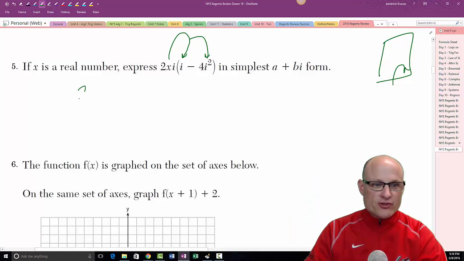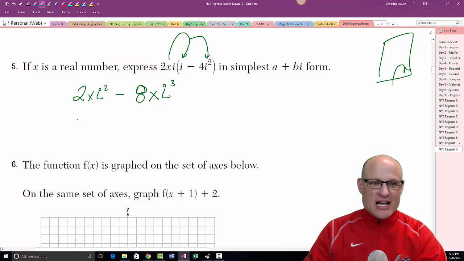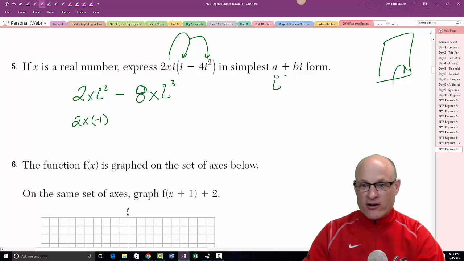All right, we're going to distribute. So you get 2xi squared minus 8xi cubed. And now I'm not going to waste your time. i squared is -1, so this is 2x times -1. You should write off to the side here: i squared equals -1, i cubed, we just went over it, is equal to -i.